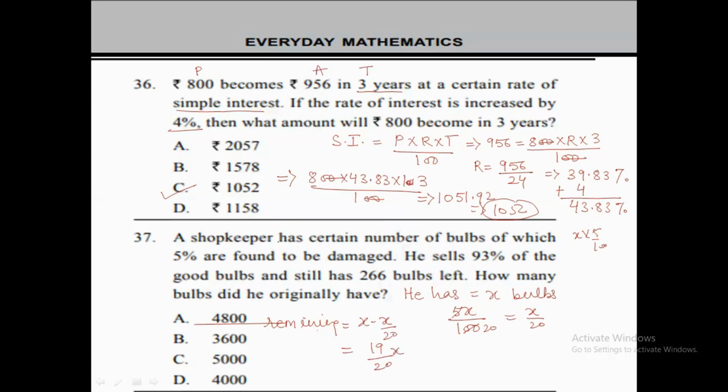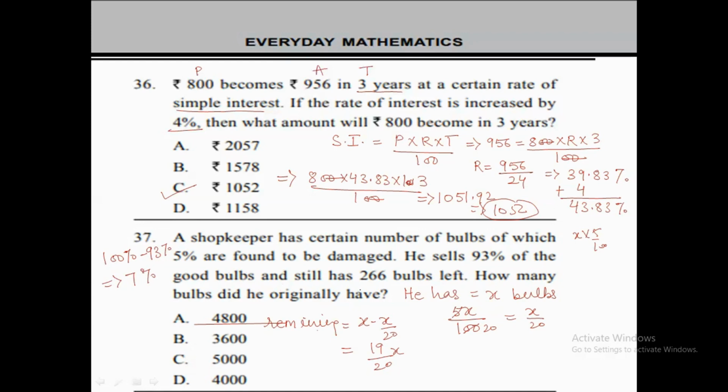Correct? Now, according to the question, he sells 93% of the good bulbs. So initially he has 100% bulbs, and he sold 93% of those. So what are we getting? We are getting 7%.